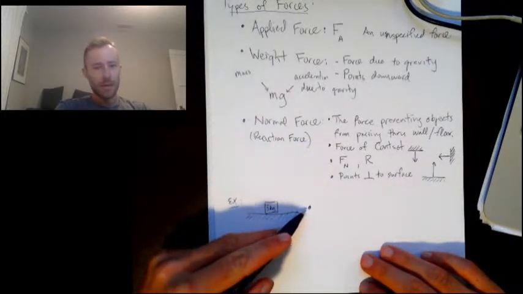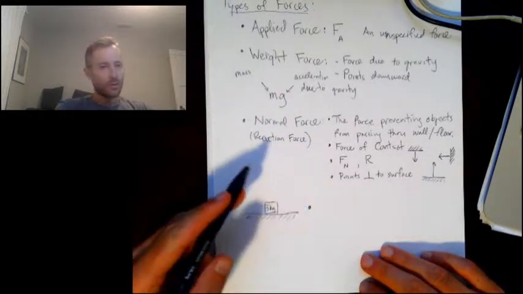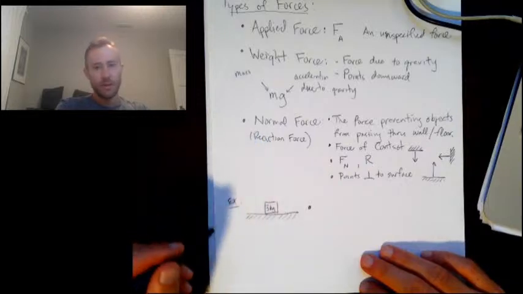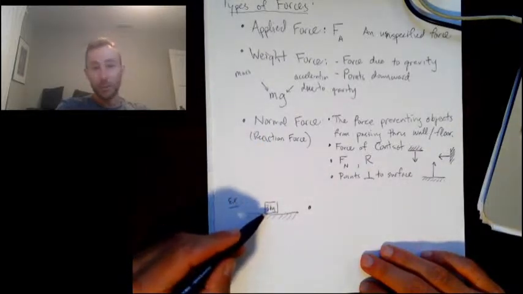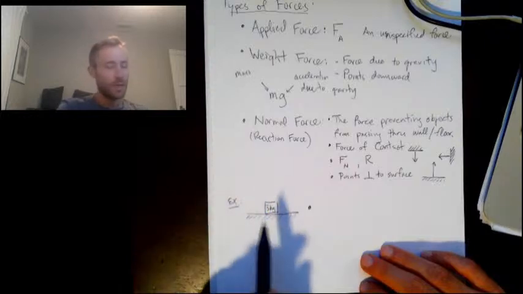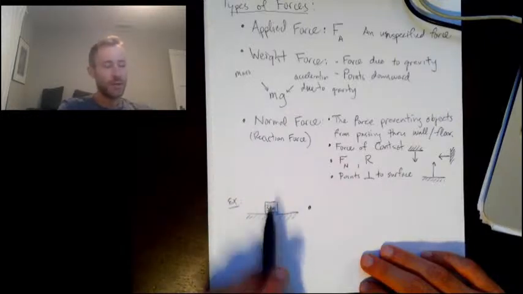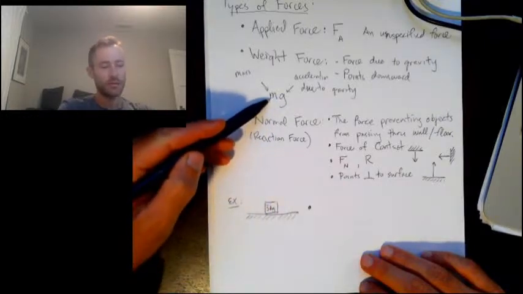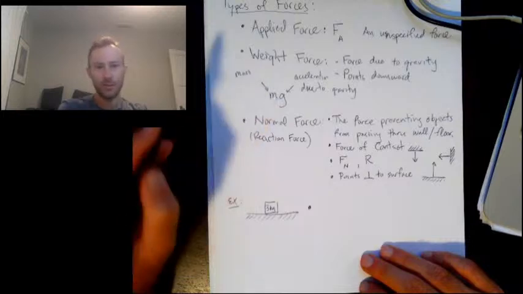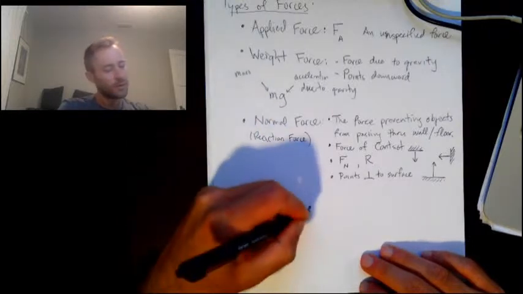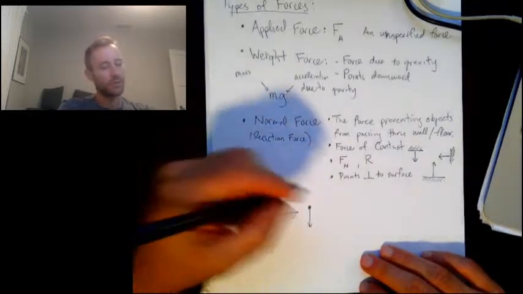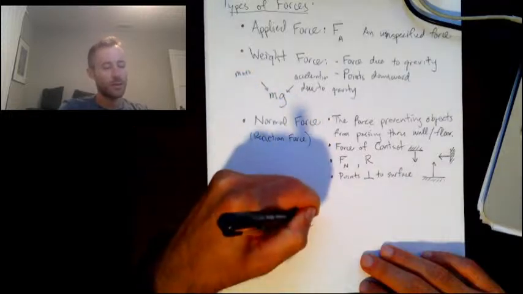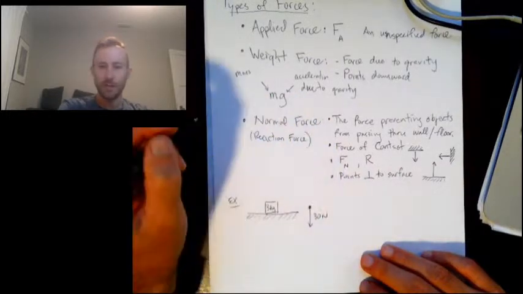One of the forces on the box is the weight force. The weight force would be mass times gravity. So 3, which is the mass, times 10, which is the acceleration due to gravity. So there's a downward force due to gravity of 30 newtons.